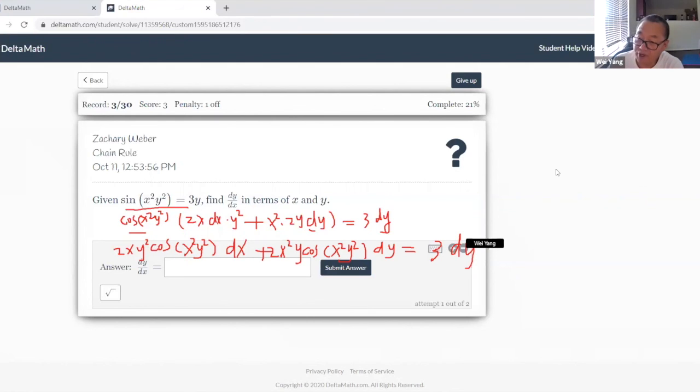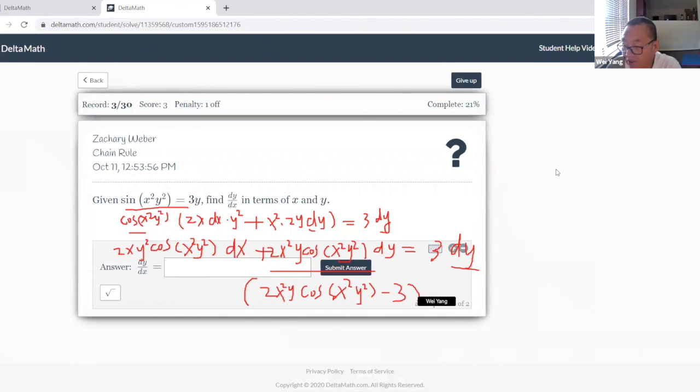So we need to put the dy terms together. We need to merge this one with this. The easier way is to subtract 3 dy from both sides. Then we get 2x squared y cosine of x squared y squared, this one minus 3, then take this one out, times dy.